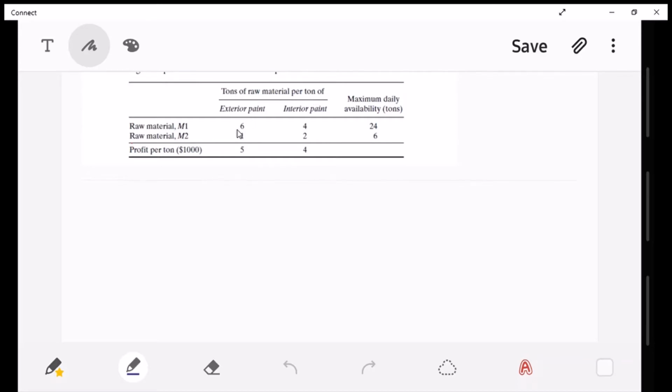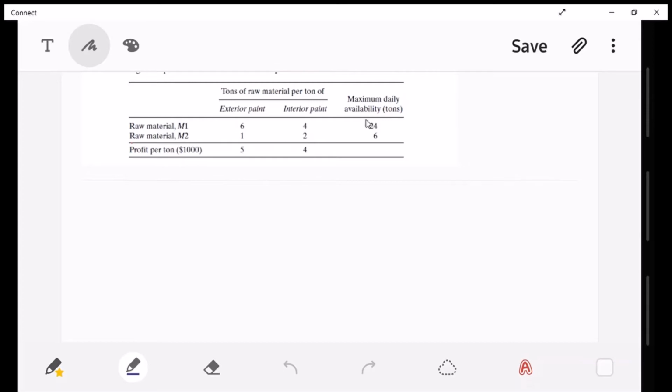That is, 6 tons of material M1 is used for 1 ton of exterior paint, and similarly 1 ton of M2 is required for the exterior paint, and similarly for the interior paint. And the profit per ton: for 1 ton of exterior paint we get 5 into 1000. Here the unit is $1000. We get $5000 profit, and for this it is $4000 profit.